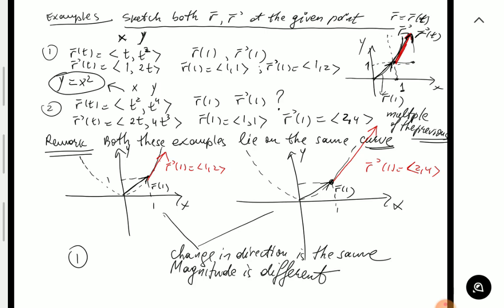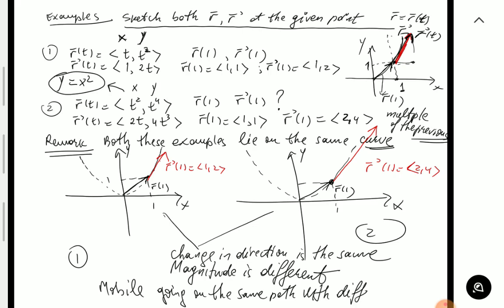The change in magnitude is bigger on the second example, right? This is my second example over here. So it's like you have two cases of a mobile going on the same path, but with different speeds. Right? The second one is faster than the previous one.